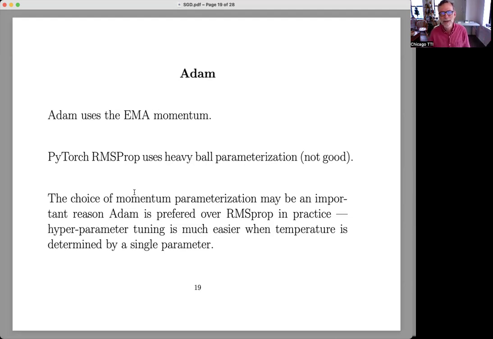And I've argued that heavy ball momentum makes hyperparameter tuning much more difficult, unless you do this adjustment to decouple the hyperparameters. I'm conjecturing that that's a main reason that Adam is highly preferred to RMS-prop, simply because Adam uses this EMA momentum, which makes hyperparameter tuning much easier. People will say it's much stabler, right? Less sensitive to the hyperparameters.